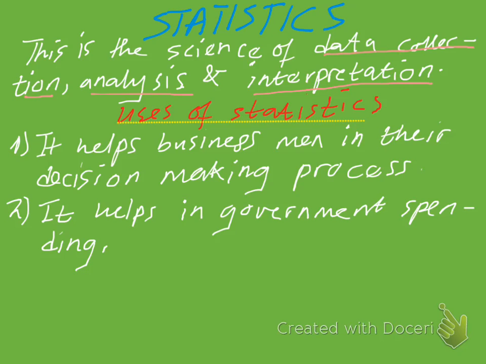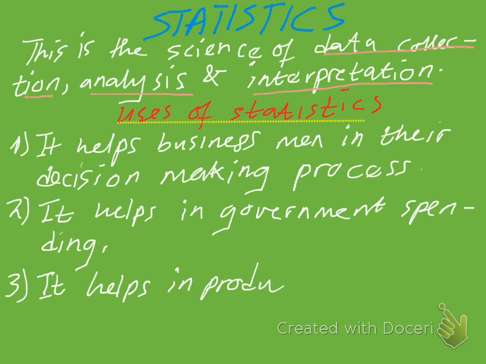It needs data which has been carefully analyzed and interpreted on areas, showing clearly which area is developed and which area is less developed, so it will make decisions on how to spend more on the less developed and less on the developed areas, so that development balances. You see the use of statistical data towards government spending.